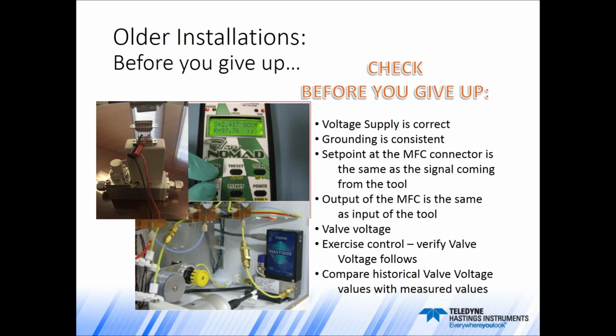Look at the voltage supply that goes to the flow controller and make sure that's correct. If you have a 24-volt flow controller, verify that the 24-volt power supply in the system, the channel that feeds the flow controllers, is there. Use a voltmeter and make sure the 24 volts is within spec. If you have a plus and minus 15 style power supply for your flow controllers, verify both the plus and the minus 15.